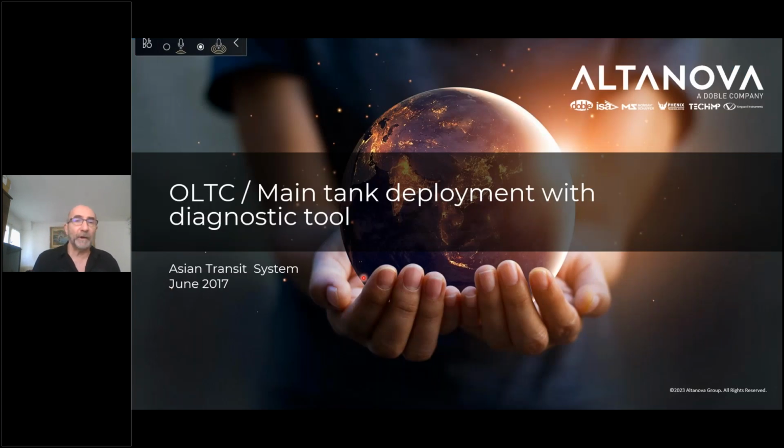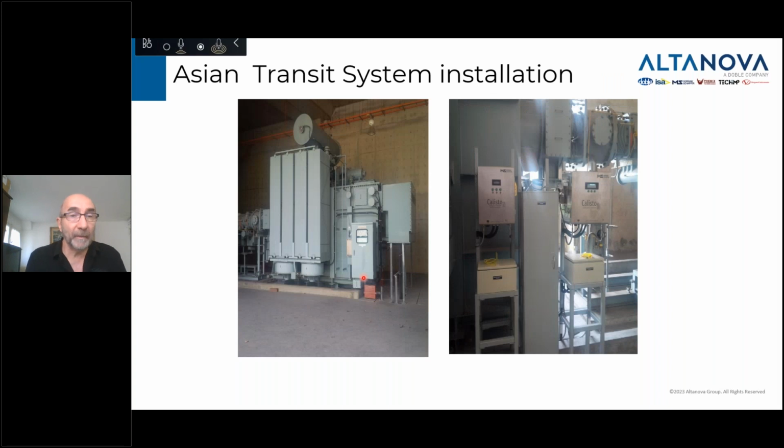I'm just going to show you a couple of example case studies where high accuracy equipment has been used by some key customers. Here, this is an Asian transit system installation in Asia on a 75 MVA transformer.